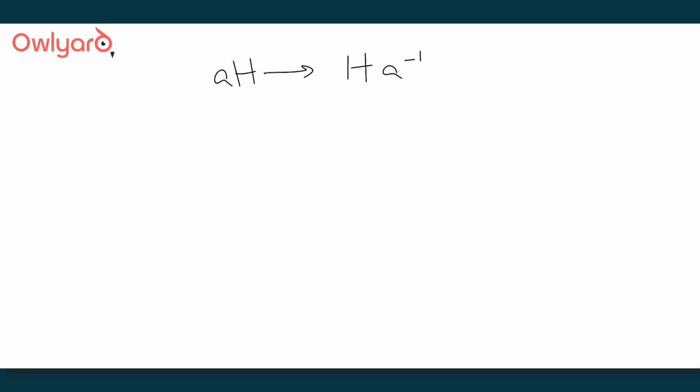Now, this is actually a one-to-one correspondence, which essentially implies that the number of left cosets of any element A is the same as the number of right cosets. We also know that the number of cosets for any finite group has to be finite because the original group is finite.